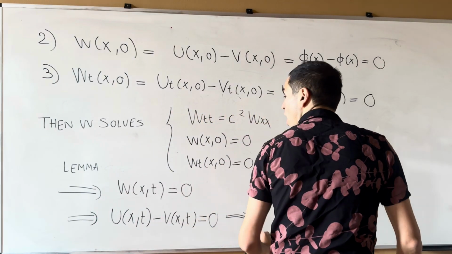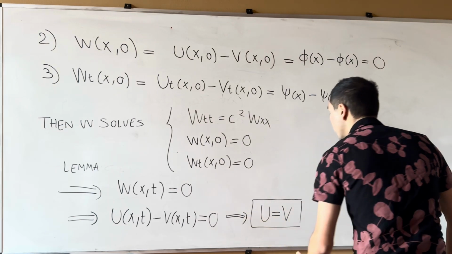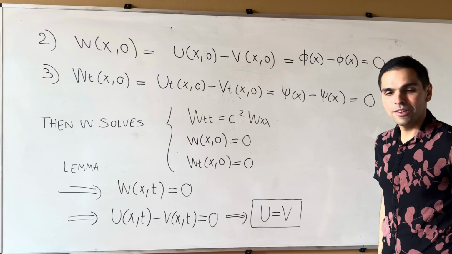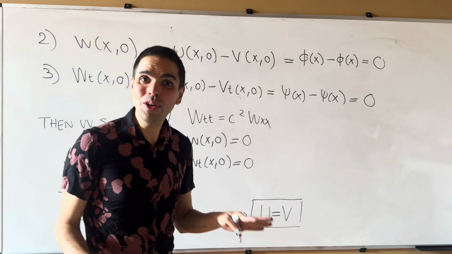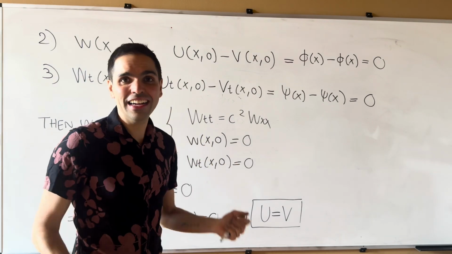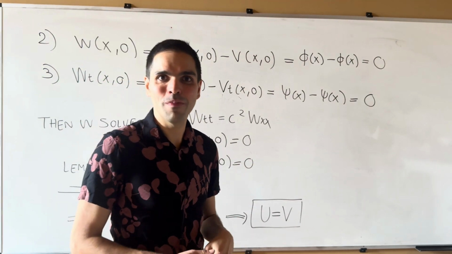And that's precisely what we wanted to show. Because now we've literally shown that U equals V. So from now on, you can sleep in peace knowing that there is exactly one solution of the wave equation, given by D'Alembert's formula.